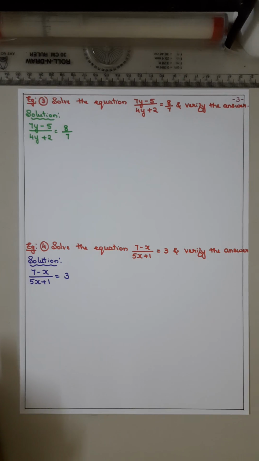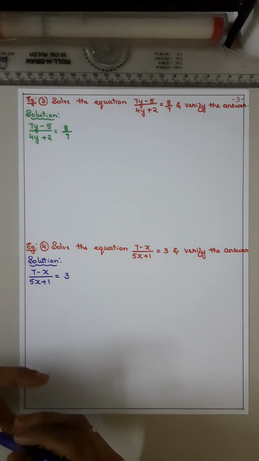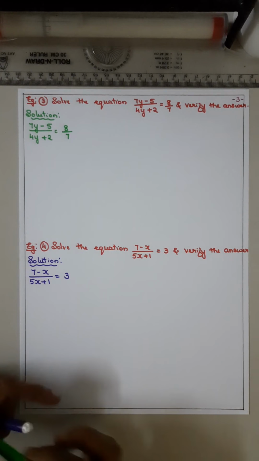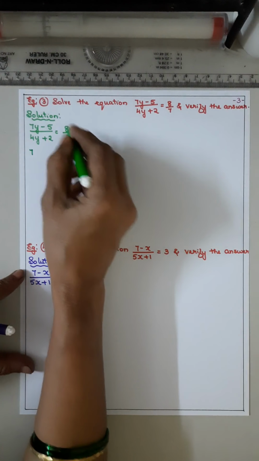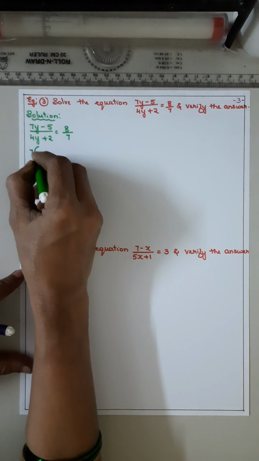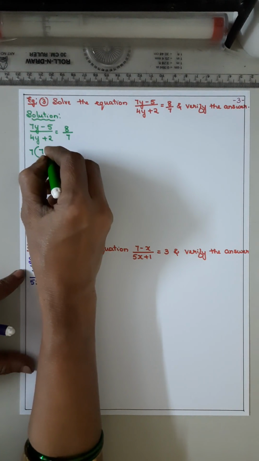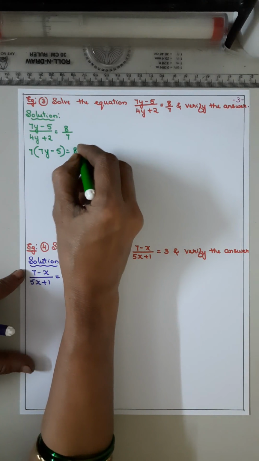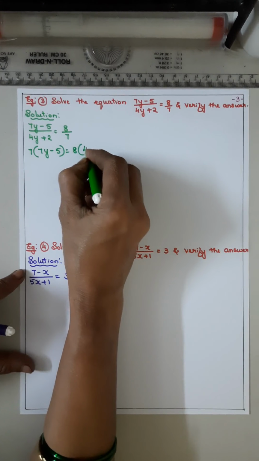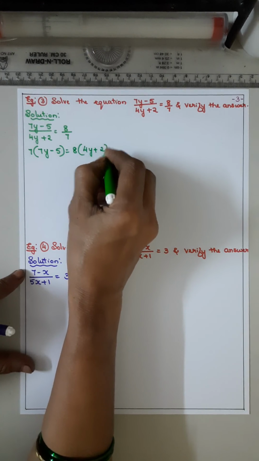Now write the question. Now cross multiply. In the denominator of the RHS, it is 7, cross 7 bracket open 7y minus 5, and here it is 8 multiplied by 4y plus 2.